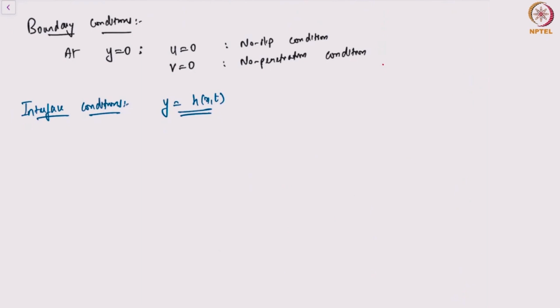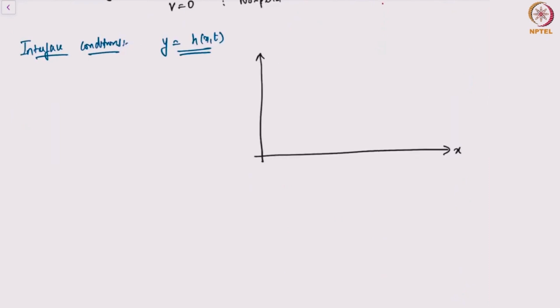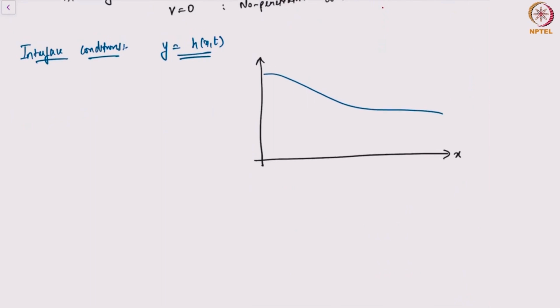So let's consider a system again like this, the interface. I'm showing the coordinate system in the horizontal fashion, but this is identical to the sketch that I made above. So I have an arbitrary interface like this. Now on this arbitrary interface, I have a unit normal vector and a tangent vector.